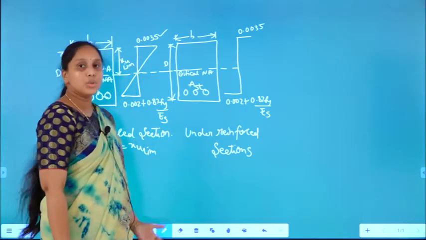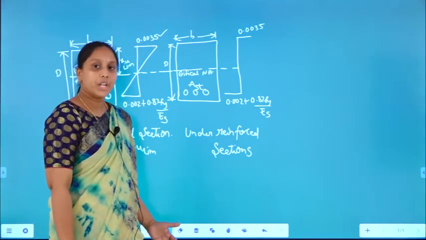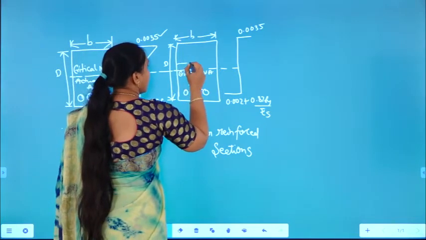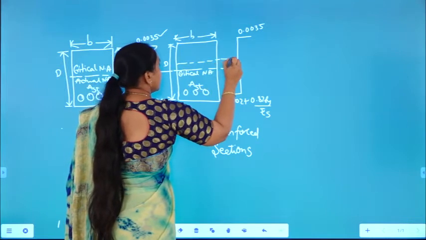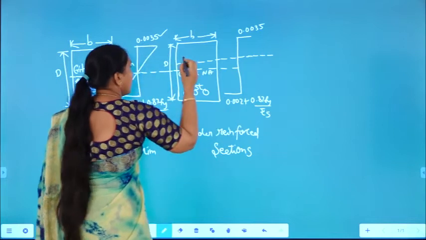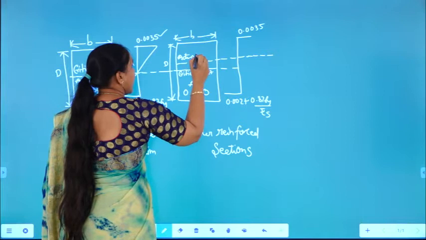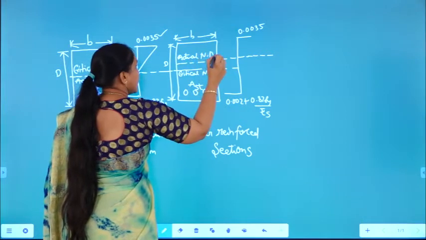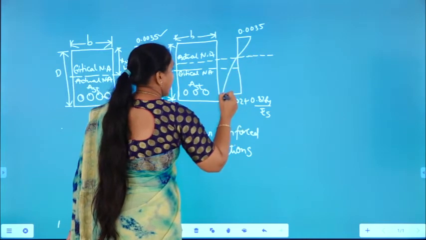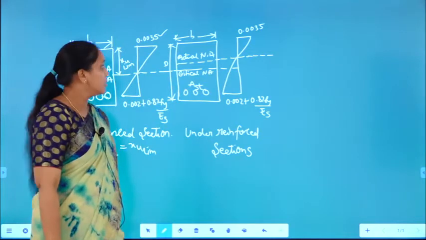So, in an under reinforced section, the steel is reaching its maximum value first, before the concrete. So, due to that what is happening? The neutral axis is shifting upwards. That is, you are going to have the actual neutral axis up. So, this is going to be your actual neutral axis, and this is how your strain profile is going to look.